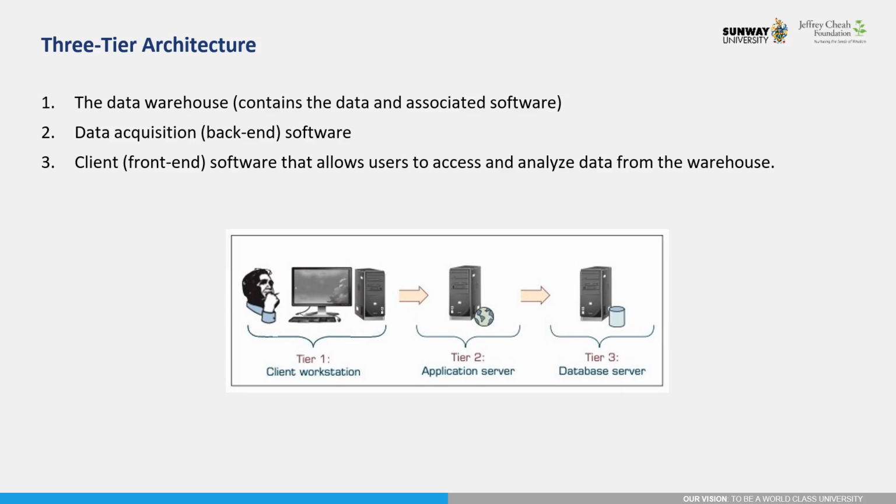There are different types of architecture, but we are learning at a very basic level. The system always sits in the middle, the client workstation is a user-friendly environment, and the database server holds the metadata.